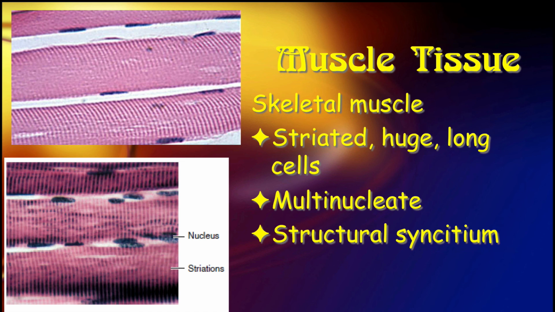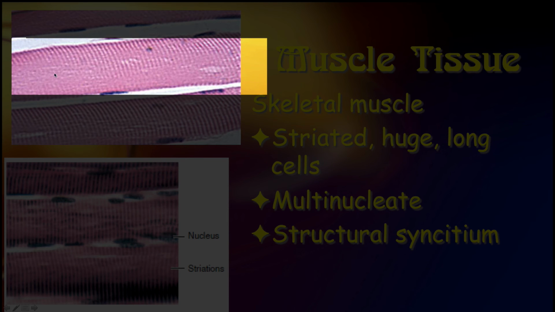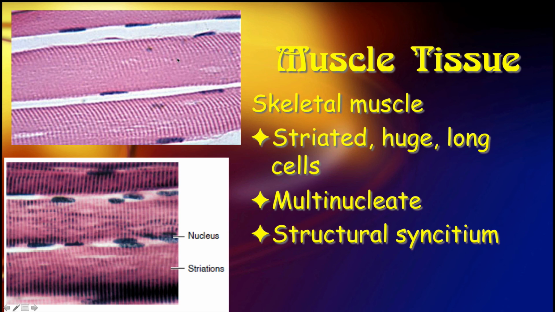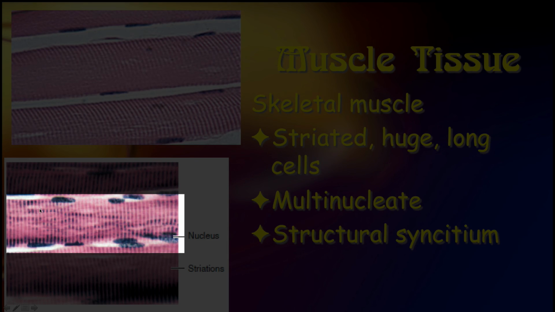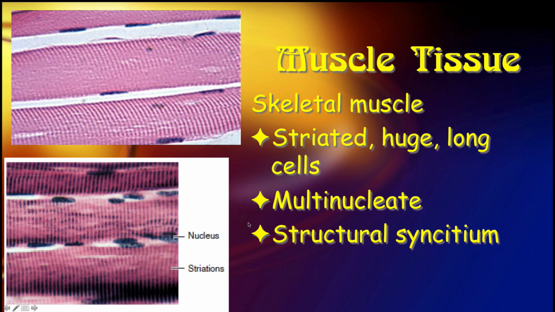But what you might be wondering is why you're seeing so many, because if you got the feeling that this is one cell, which it is, then it would have several visible nuclei, two in this case, two here. If we look at this one down here, quite a few nuclei visible. And this is not a common thing, but skeletal muscle cells are multinucleate. These multiple nuclei, and the size of the cell, are an indication that these are what we call a structural syncytium.